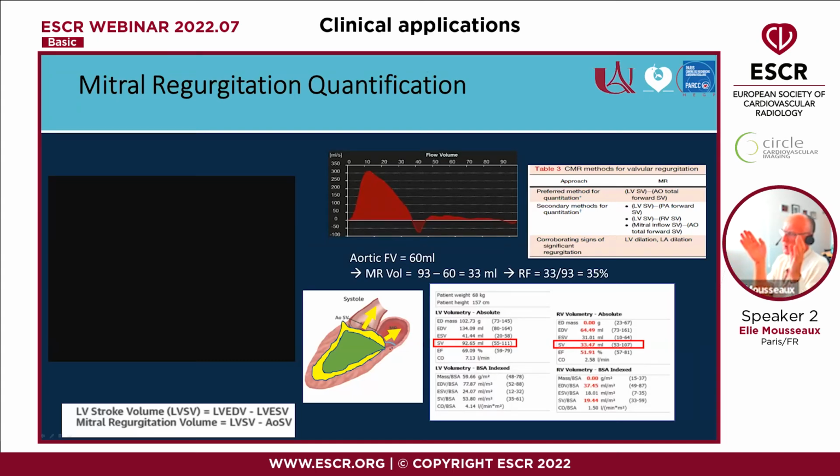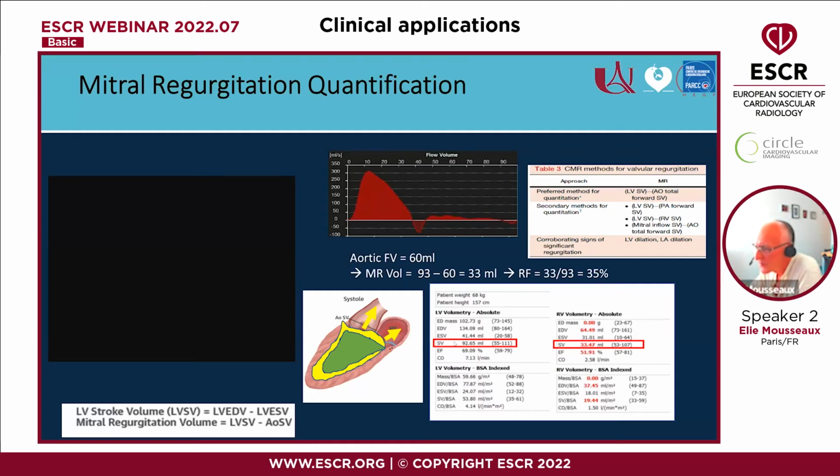So if you estimate by using the velocity within the ascending aorta, you have precisely the volume within the ascending aorta. So if you subtract the flow within the ascending aorta from the stroke volume, you have exactly the mitral valve regurgitation volume. So now in routine, we can do that.